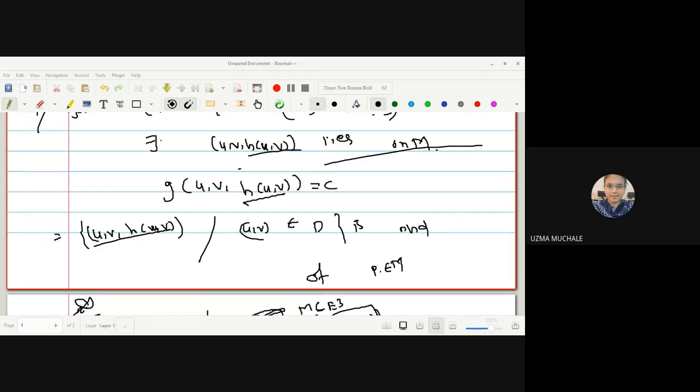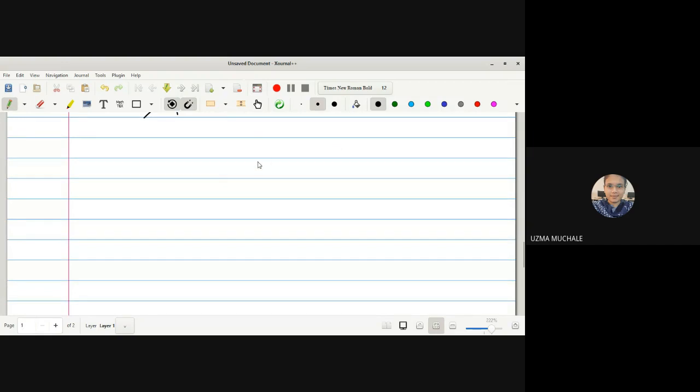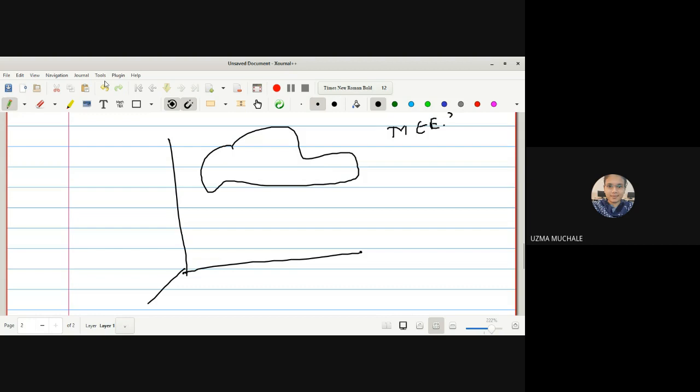Okay, did you understand this? Let me draw the image once again. Suppose I have one subset M of E3. To have a clear idea, we'll draw one circle in the xy plane and the image is here, and let me join them with the help of a straight line.